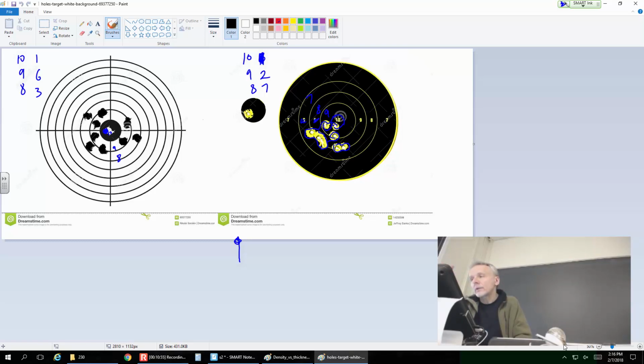On the other hand, for the second image, the center of mass of your shots will be somewhere maybe here on the border between 8 and 9, and not only that, it will be lower left. So you'll know that, I don't know, 1 inch away from the bullseye is how far your sights are misaligned, and you'll find it through this.